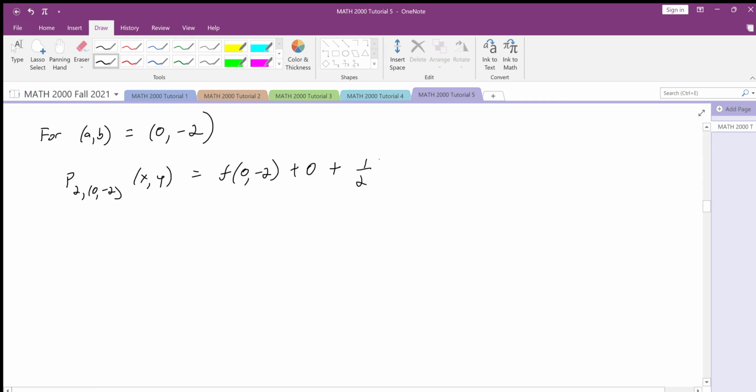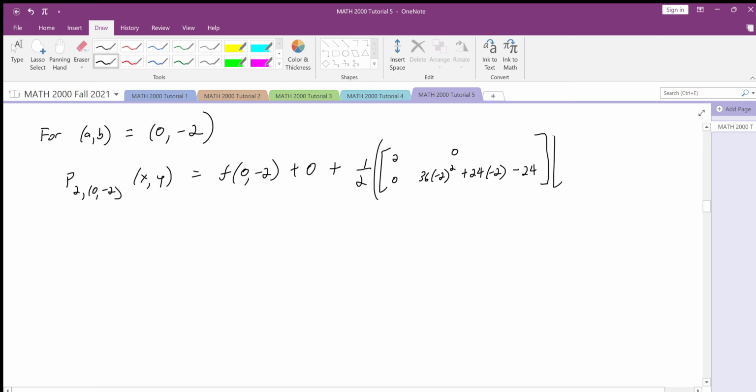Plus 1/2 the Hessian, which is 2, 0, 0, 36y squared plus 24y minus 24.